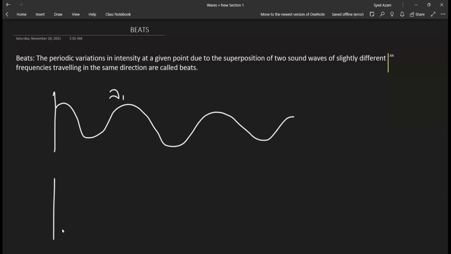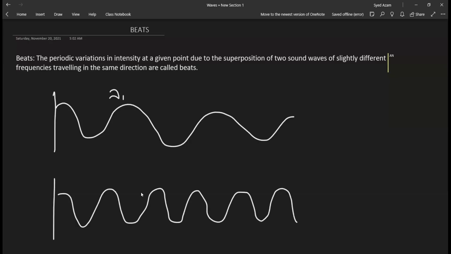And this is another sound wave, traveling like this with another frequency. Now, the condition is that they are traveling along the same path in the same direction in a medium and superimpose.